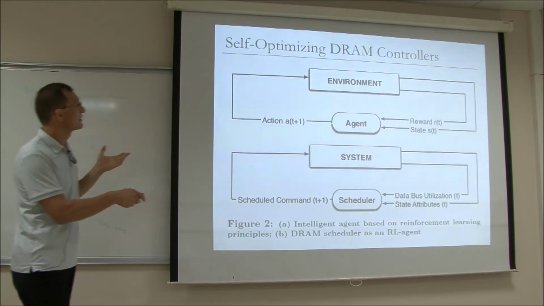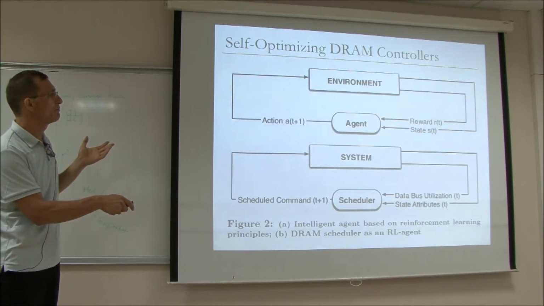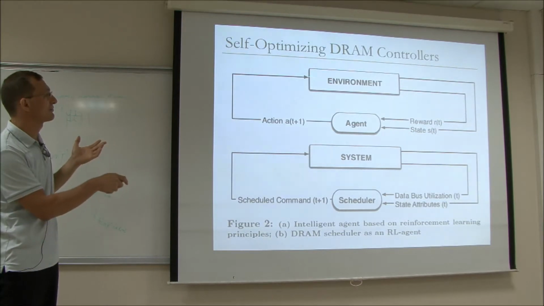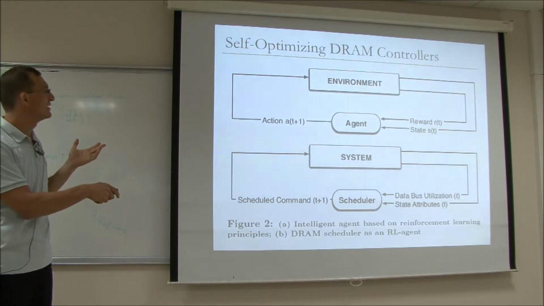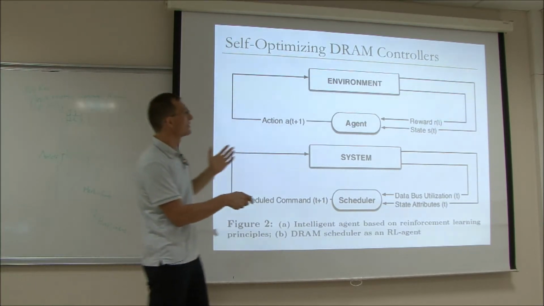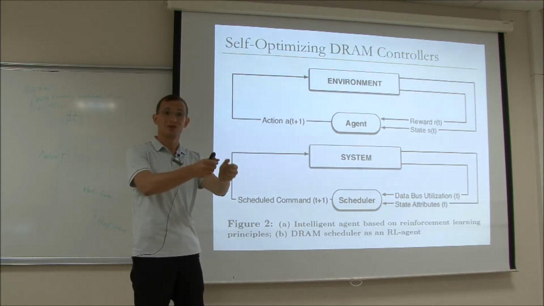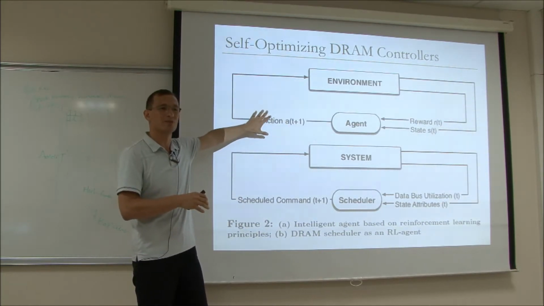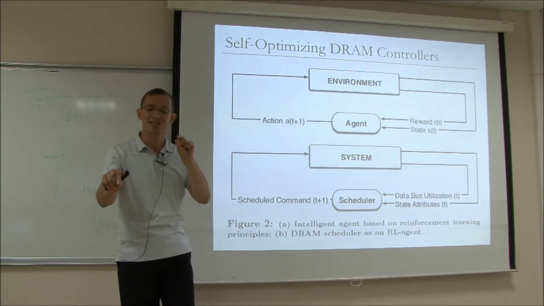And agent basically is in some state. And at that state, it takes an action. And that action creates a reward to that agent. And based on this reward, the agent can update the value, this is called the Q values in reinforcement learning or Q learning, value of a state, of taking an action at a state.